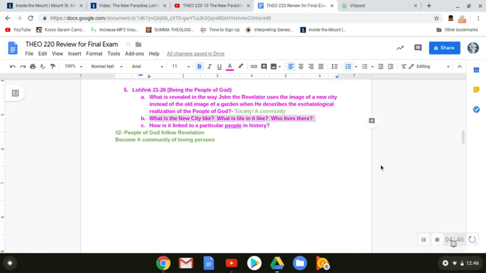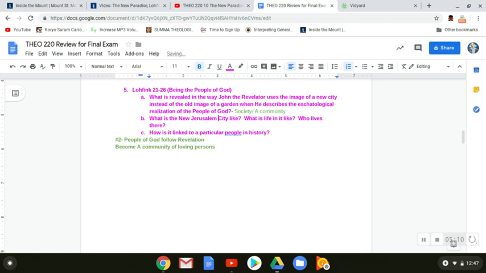So let's see what the new city's like. Let's look at the symbolism here of this New Jerusalem, right? That's what this is called. This is going to give you hint number one about how it's linked to a particular people in history.